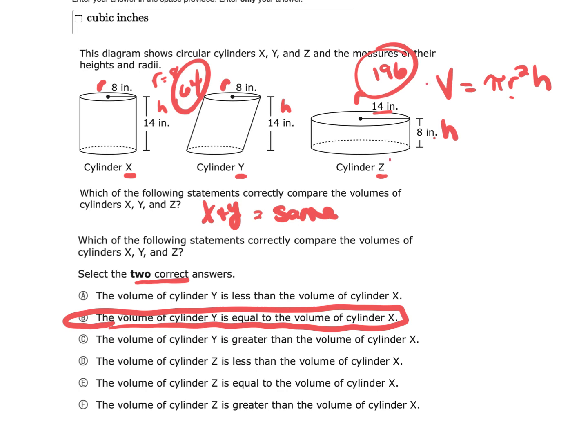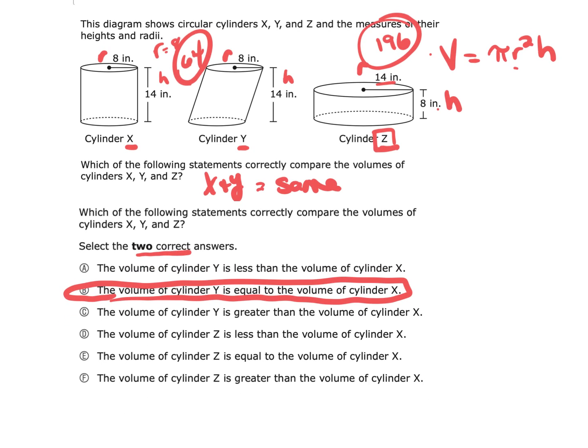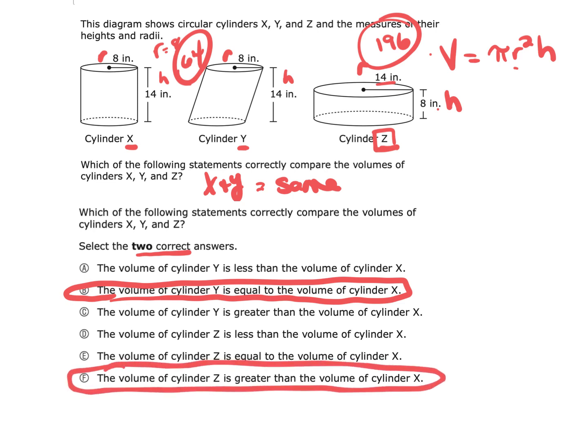So cylinder Z is going to have a volume that is greater than X and Y. And you'll see volume of Z is greater than the volume of cylinder X. So that is letter F. Z can't be less than because the radius is significantly larger.